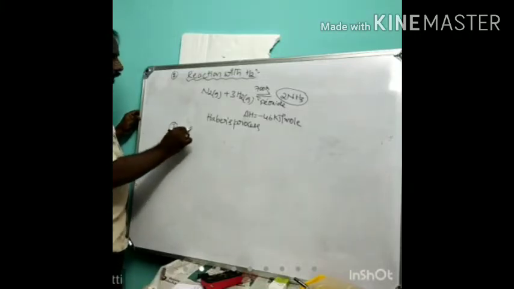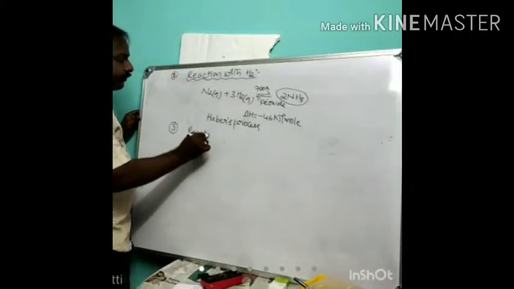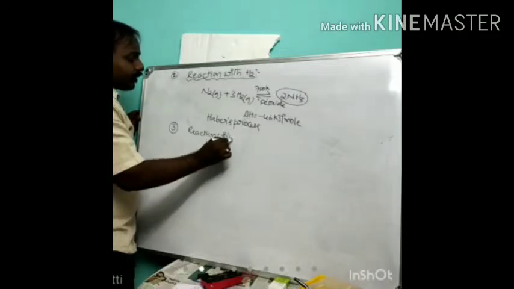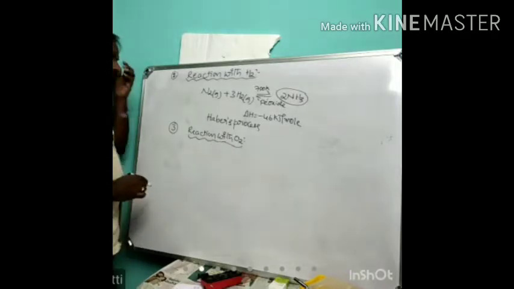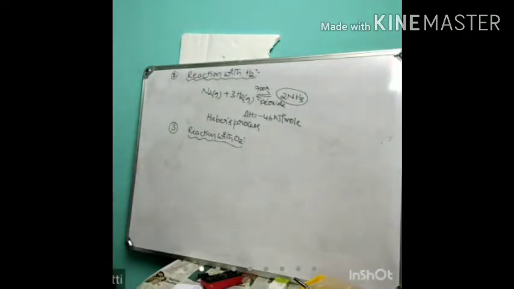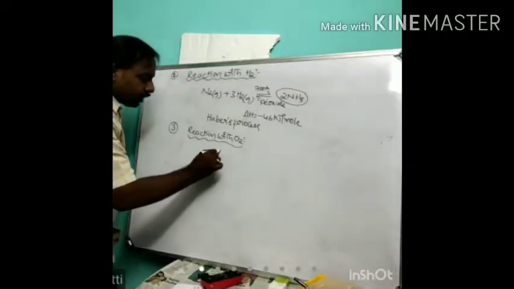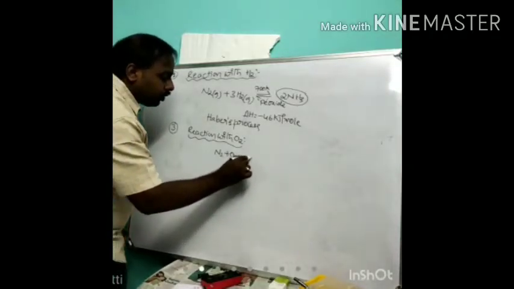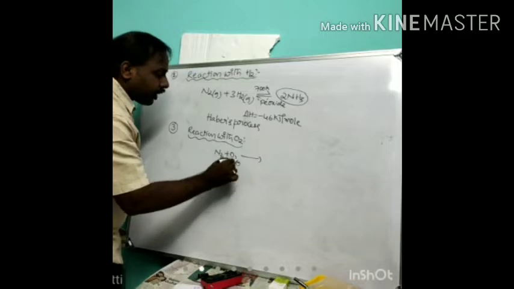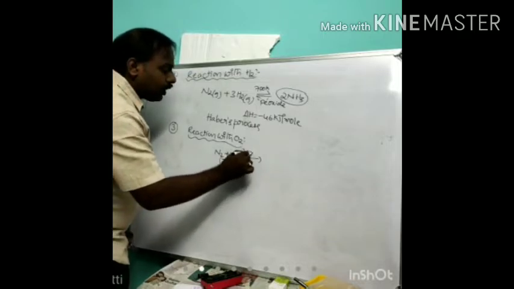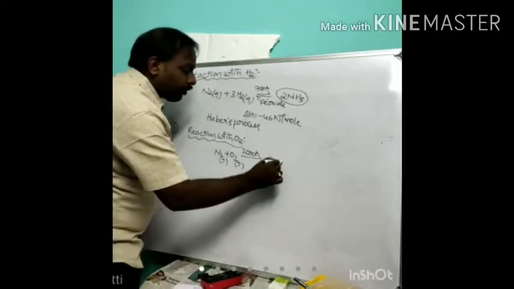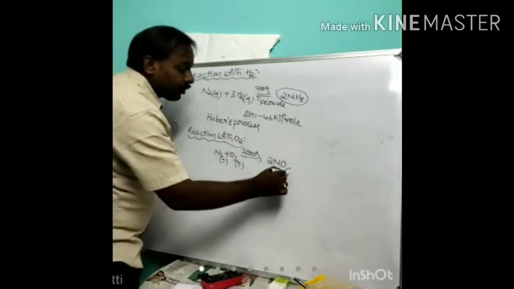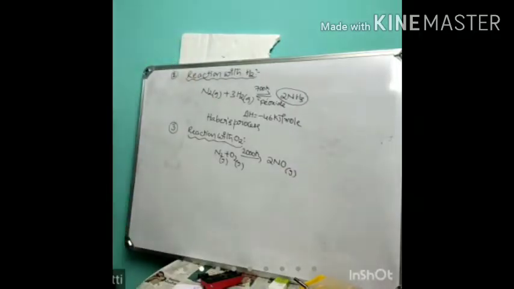And the third property, reaction with oxygen. Again, at room temperature, nitrogen does not react with oxygen. But at a high temperature, around 2000 kelvins, N2 plus O2 gives nitric oxide.